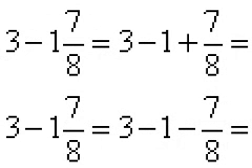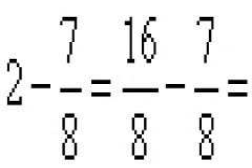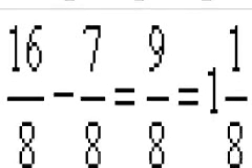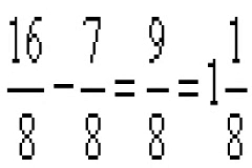They will say 3 minus 1 plus 7/8, when in reality it should be 3 minus 1 minus 7/8. This is a big problem. So we get 2 minus 7/8. So then we switch the 2 to 16/8 and then subtract the 7/8. Then we get 9/8, which is the same as 1 1/8.